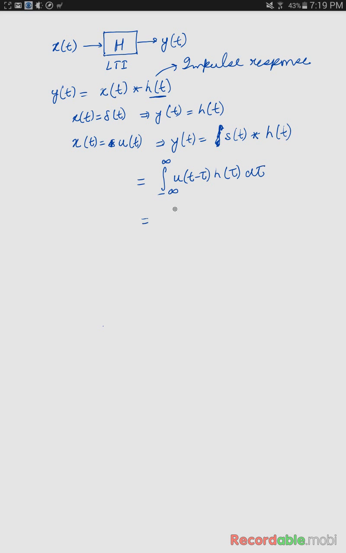This step function is non-zero only for values of tau which are less than t. So this goes from minus infinity to t of h(tau) d tau, and as we discussed in class, this is really a running integral of the impulse response.